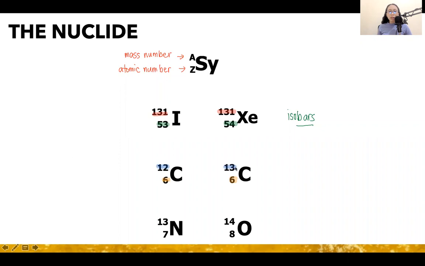Meanwhile, this carbon has a mass number of 13, so it's called carbon 13. So, another way to write them would look like this and like this. And you guessed it right. When you have two atoms with the same atomic number but different mass number, they are called isotopes.